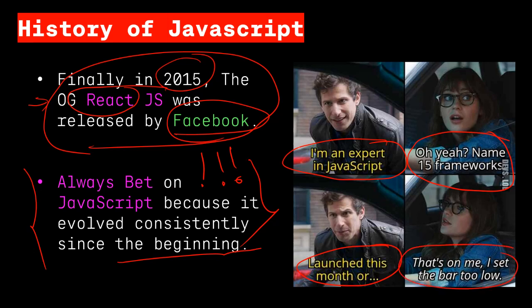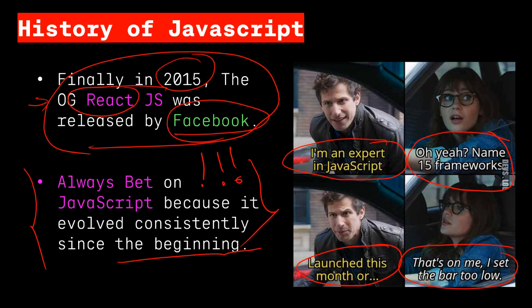So the thing is, like I said, JavaScript has a lot of frameworks, which means people are really crazy about that language. People build a lot of frameworks on top of this programming language. React.js is one such framework, and Angular is one such framework, and Vue.js is one such framework. There are a lot of other frameworks, and even I cannot name them because even I did not use a lot of frameworks.